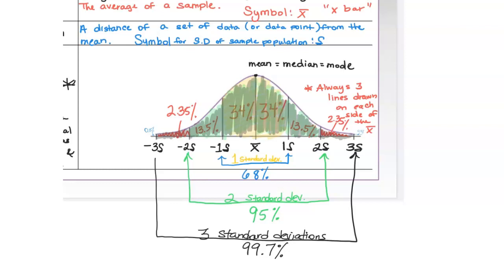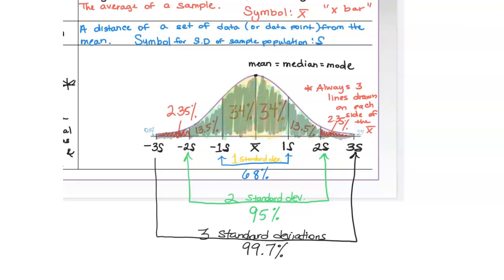So this here, we would say that this is 3 standard deviations from the mean. It represents 99.7% of your data. So if we took some type of calculations, 99.7% of our respondents were within 3 standard deviations of the mean.